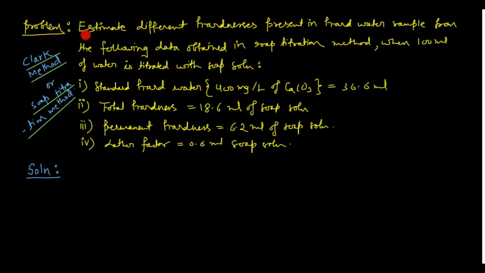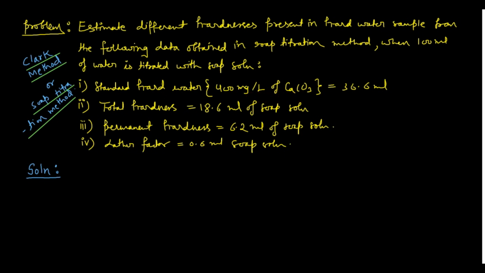The numerical is like this: estimate the different hardnesses present in the hard water sample from the following data in the soap titration method, when 100 ml of the water is titrated with the soap solution. Standard hard water has a concentration of 400 milligram per liter of calcium carbonate.